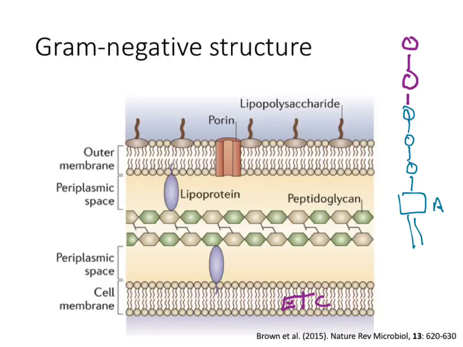It can't be retained. In other words, there's nothing locking it into space here anymore. Okay. So it's not the outer membrane itself that's preventing the dye from getting in. It's actually the outer membrane is holding that dye in between those two layers.